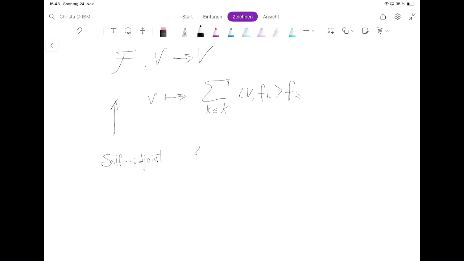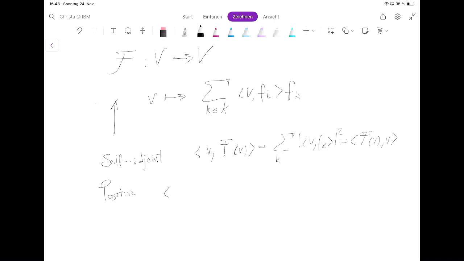Because if I write something like this, then this is basically this, because of the definition. And then I can also rewrite this as this. So it's self-adjoint and it's positive.